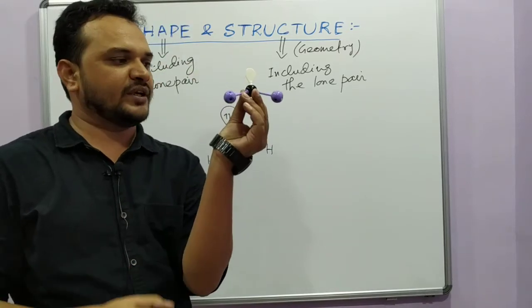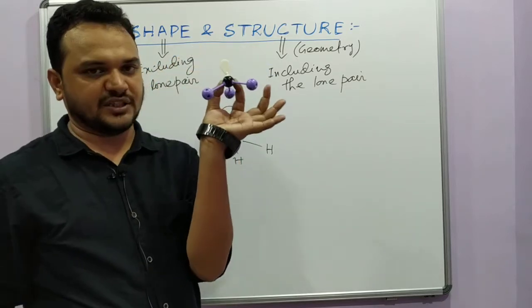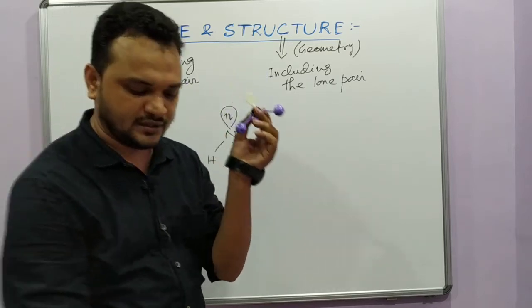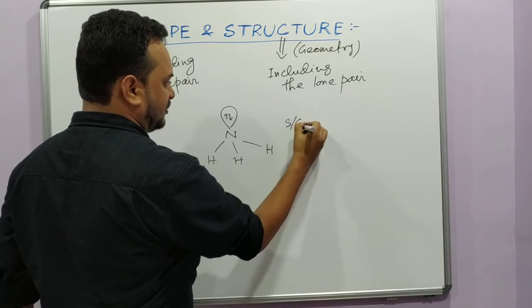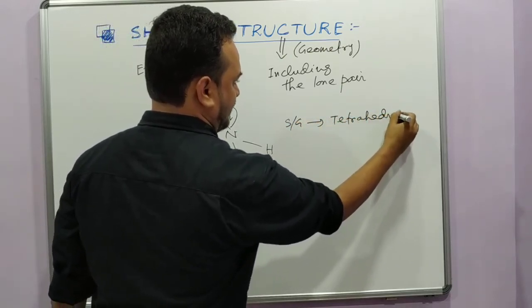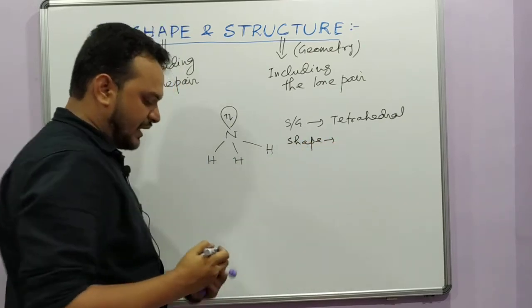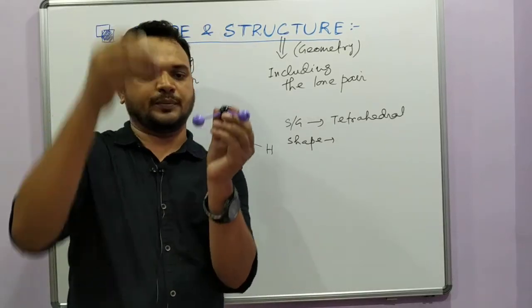So when we count both the lone pair and these bond pairs, it is tetrahedral. So the structure or geometry of ammonia will be tetrahedral. But if they ask you the shape of the molecule, then we have to exclude the lone pair. So just remove this lone pair.